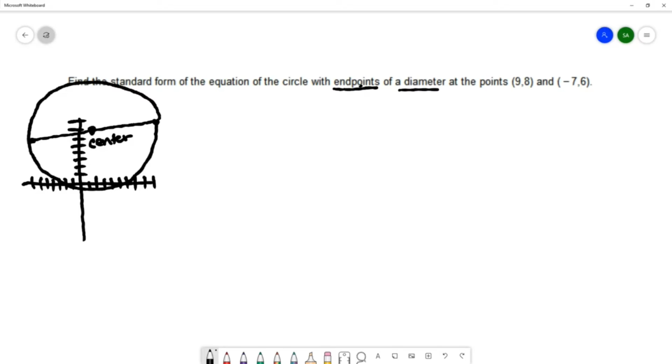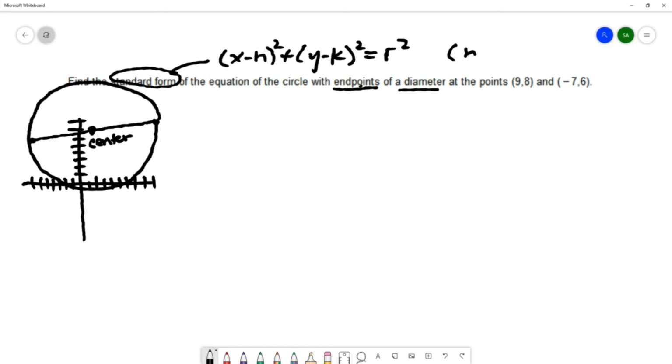So we want to write the standard form of the circle, and the standard form is x minus h squared plus y minus k squared equals r squared. And that is where h, k is the center of the circle and r is the radius. The radius goes from the center to a point on the circle.